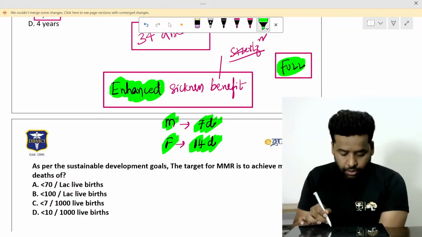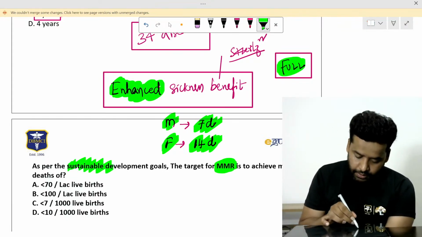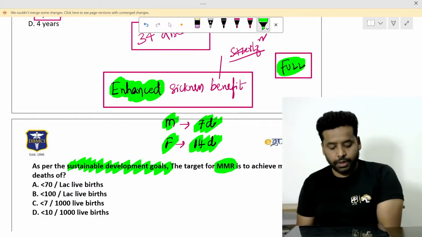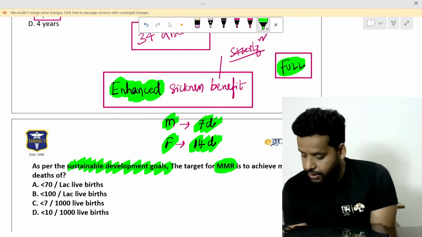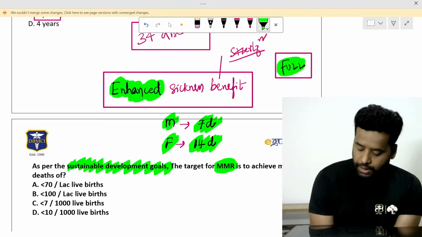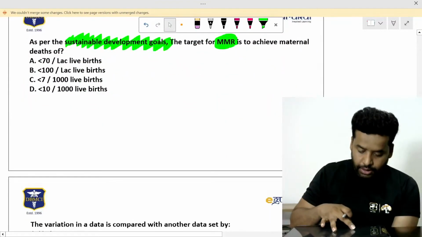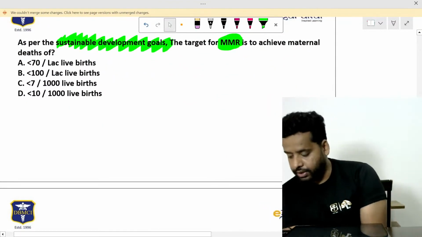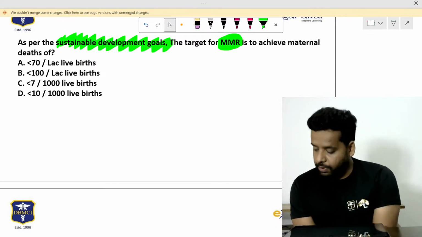Sustainable development goal. See the words properly. The next question is on SDG. As per sustainable development goals, the target for maternal mortality ratio to be achieved, what is your answer? The limit they are asking.